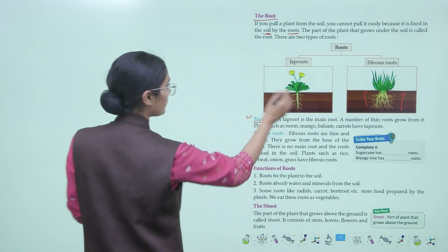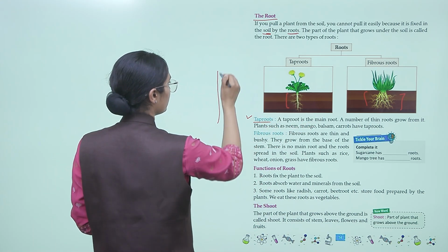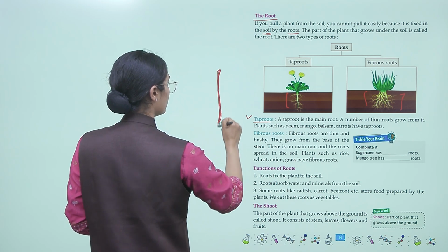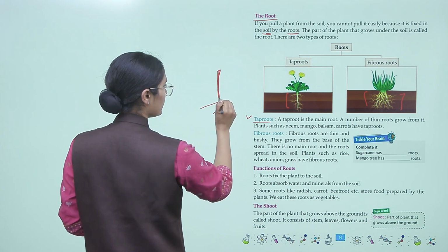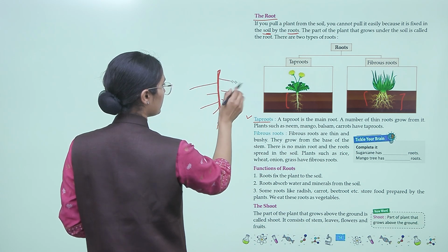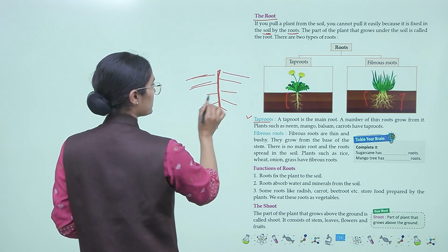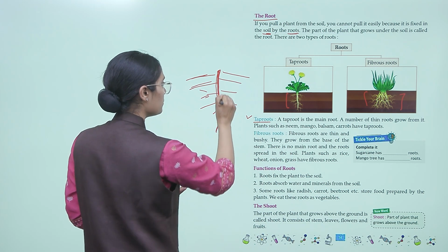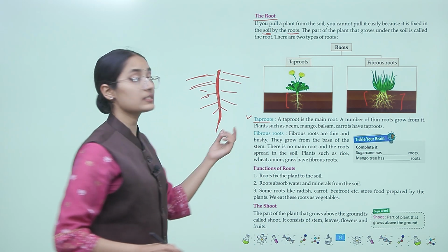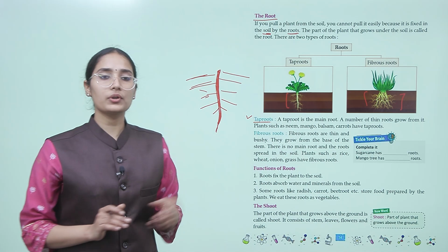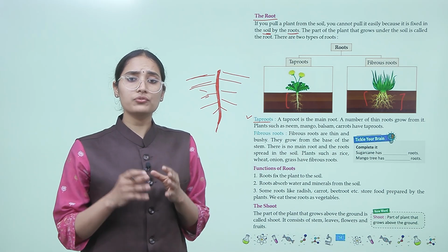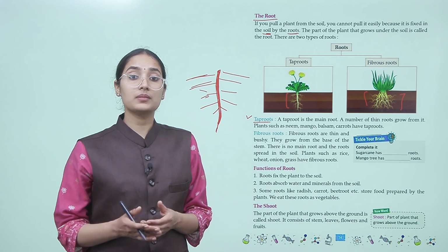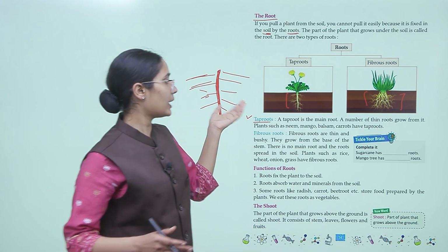For example, you can see here, you will see one main root and then there would be other sub roots, right? But you can distinctly see one main root, alright? This is the characteristic of a taproot. You can easily identify it. A number of thin roots grow from it. Plants such as neem, mango, balsam, carrots have this kind of taproot, right?